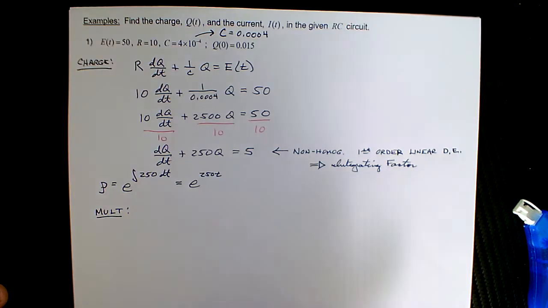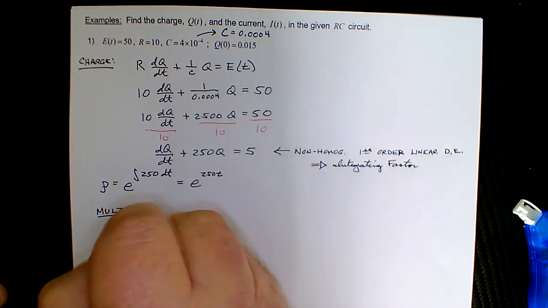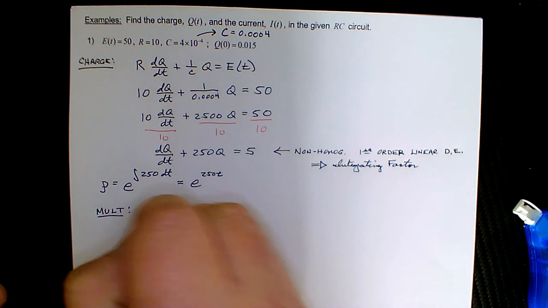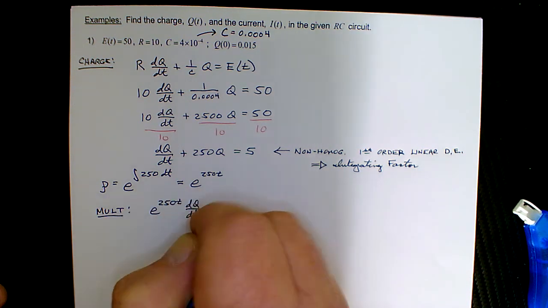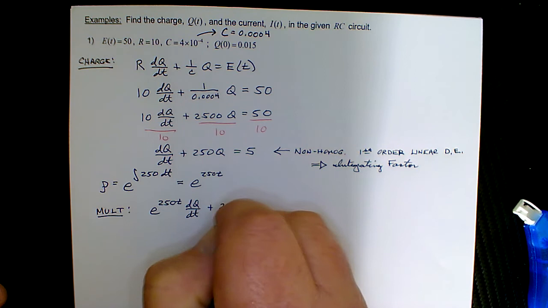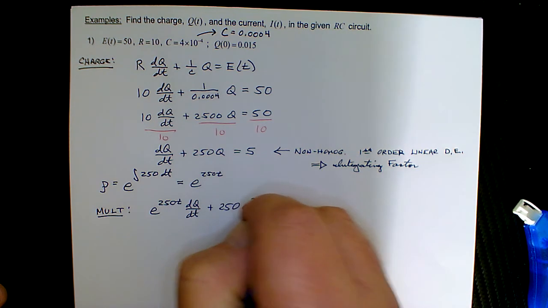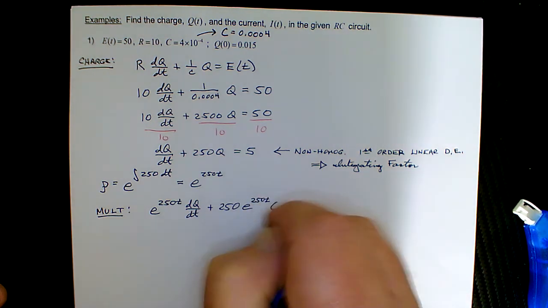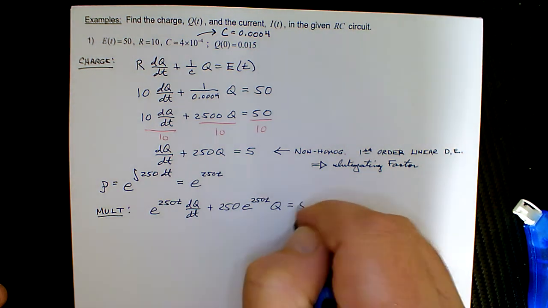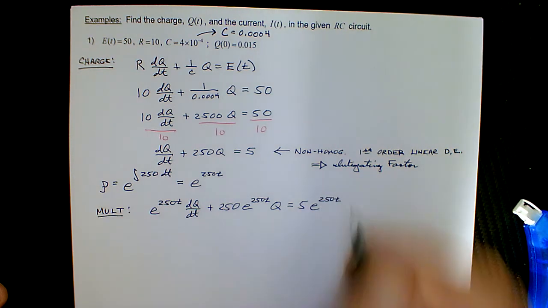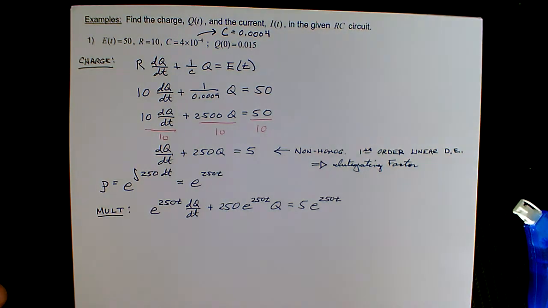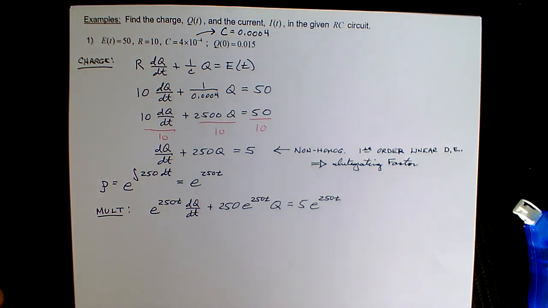So we're multiplying everything by e to the 250t. So e to the 250t times dq dt plus 250. I'll slide the e to the 250t in there times q is equal to 5, and don't forget to multiply the right-hand side by the integrating factor as well. So 5e to the 250t.